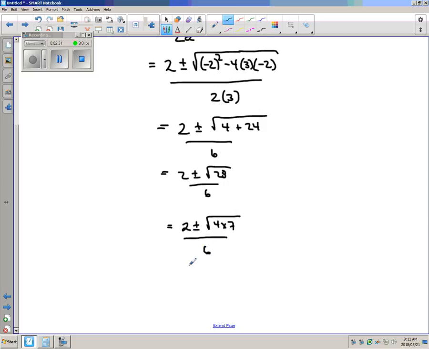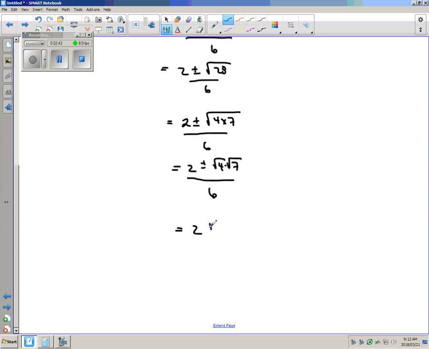Okay, so now I have 2 plus or minus root 4 times root 7, over top of 6. I get 2 plus or minus root 4, which is 2, times root 7 on 6.